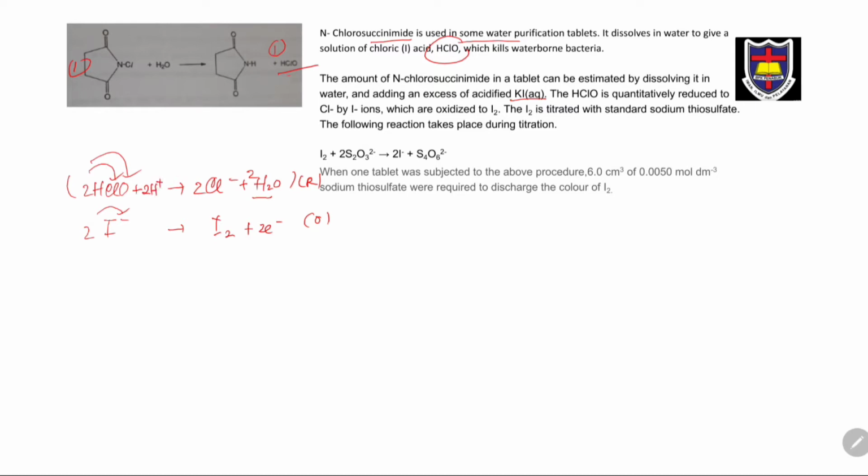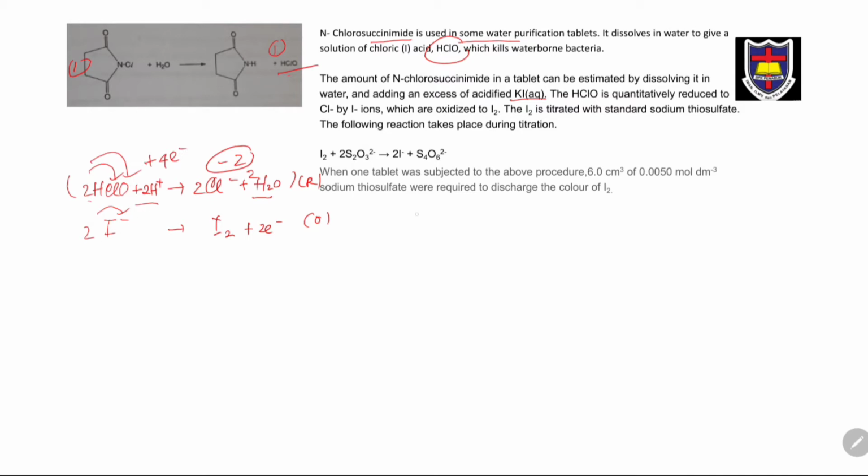Then we balance the charge. This is plus 2, this one is minus 2, by adding electrons. The side that needs the electrons is this one. This is 2 minus, this is 2 plus. So we add 4e minus to be 2 minus.